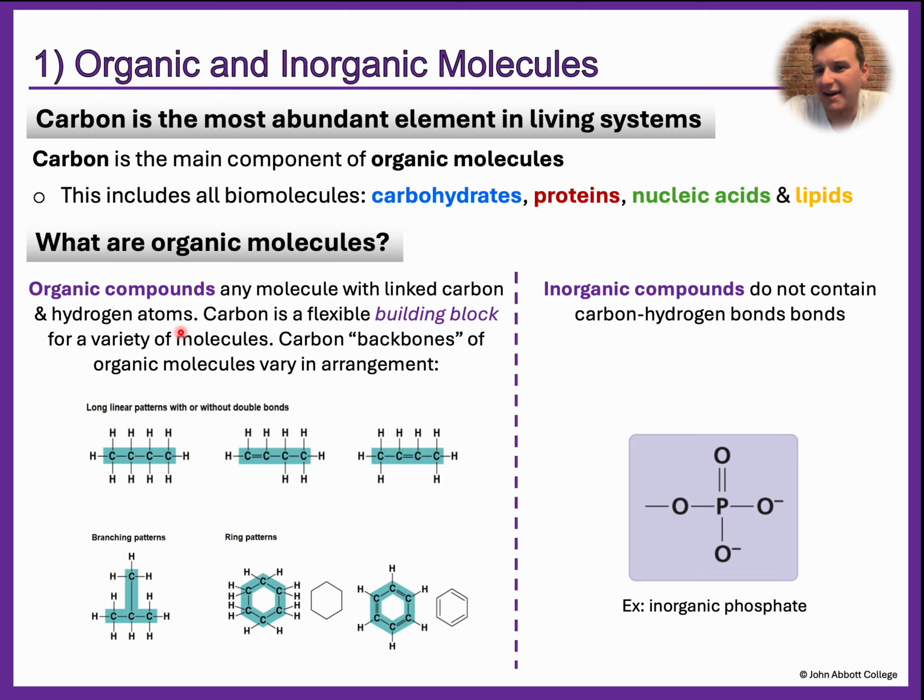You might have heard of organic chemistry even, right? That is a field of chemistry to study these molecules that are important to living organisms. Carbon is actually a flexible building block, we call it, because it can make many different arrangements.